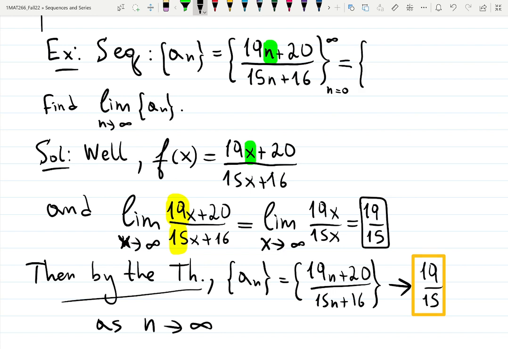When n is 0, what's the first term? 20 over 16. What's the second term when n is 1? 39 over 31. Good job. And so on. I don't want to calculate more. This is a list of numbers.